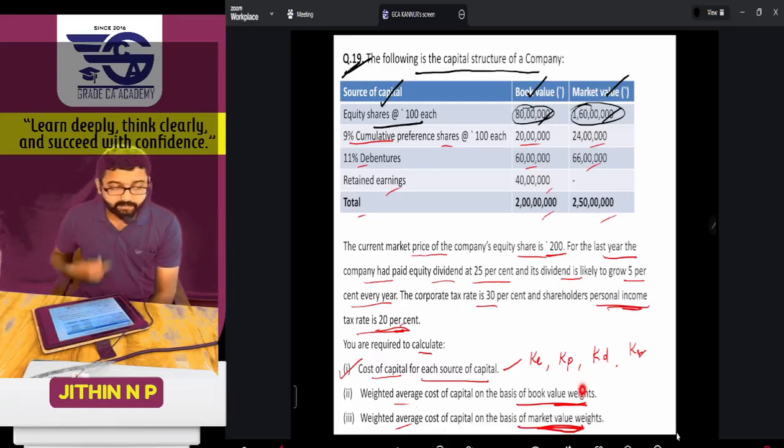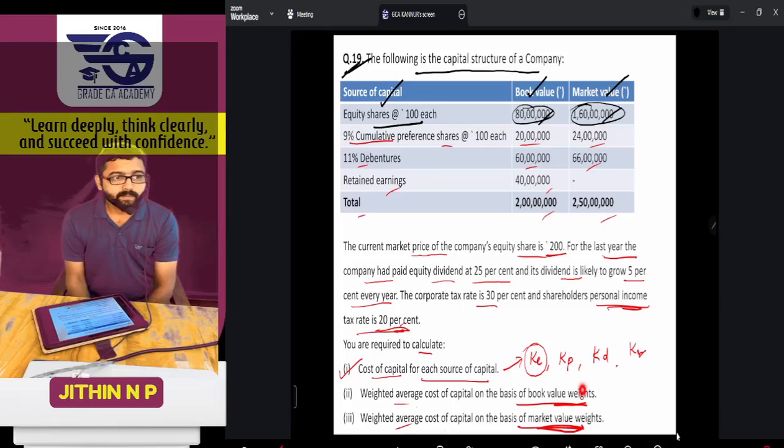Next, for KE, which formula should you use? Which method will you use? There are 4 methods we already discussed. Constant earnings approach: only EPS and MPS are given in the question. Constant dividend model: DPS and MPS are given. Growth model: G, the growth rate, is given.